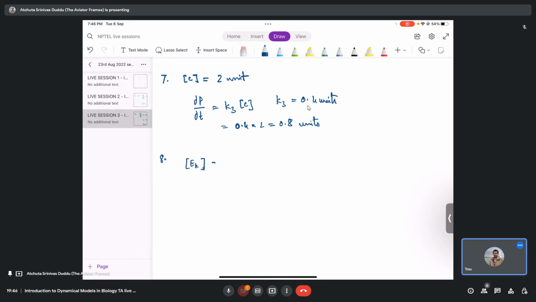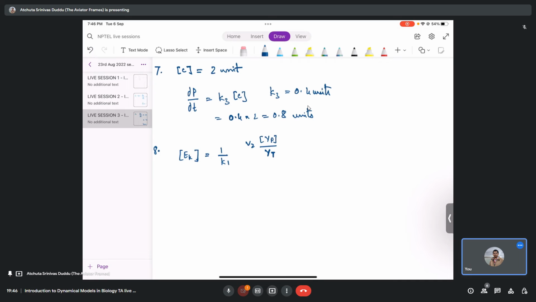So we have ek equal to 1 by k1 times v2 yp, which is on the right hand side, by yt, by j2 plus yp by yt times j1 plus 1 minus yp by yt, is yp by yt. This is the final form of the equation as derived in the lecture.